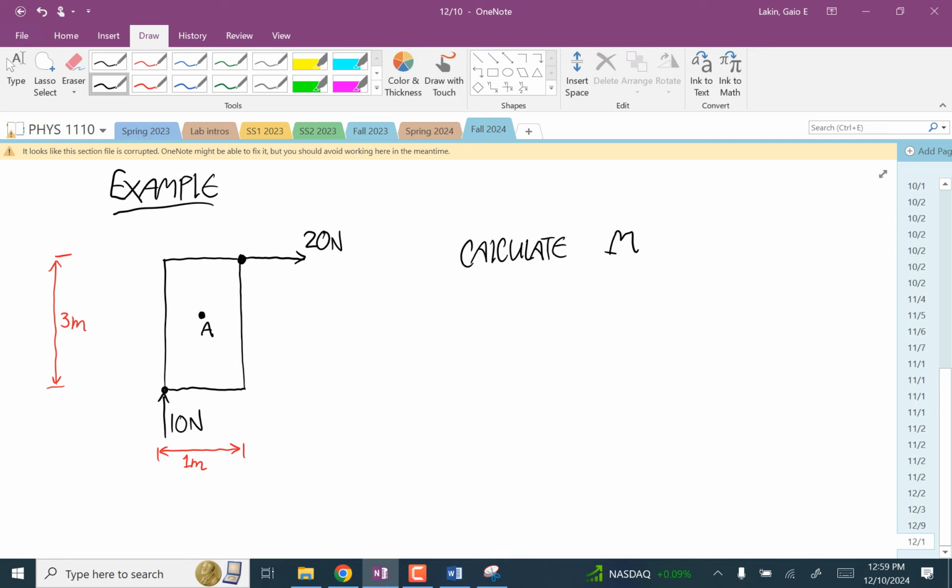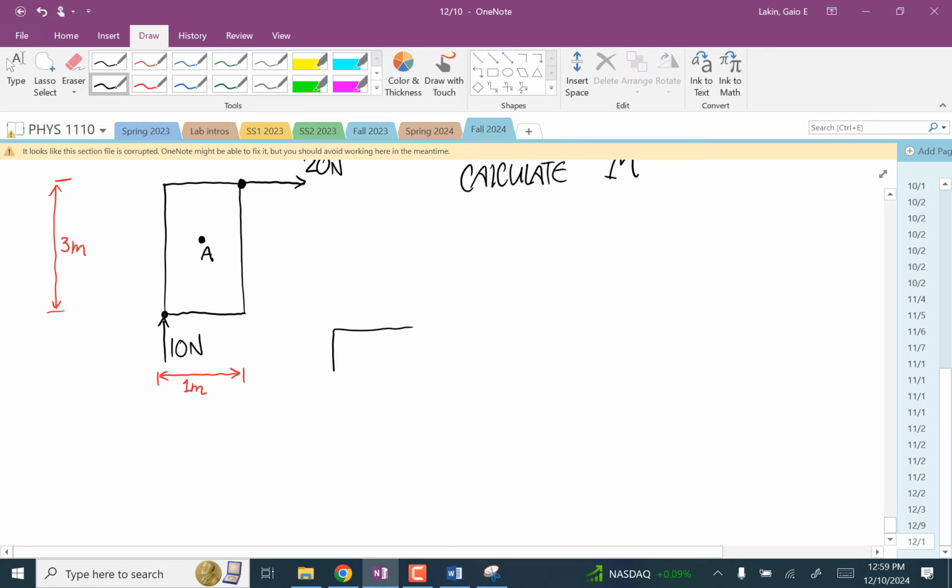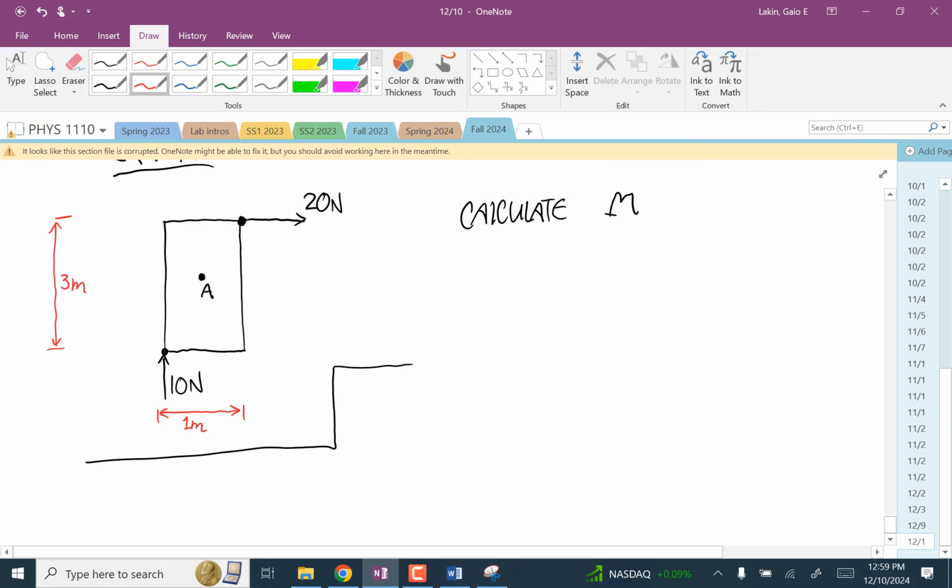Okay, let's start with the 10. Right now, if you draw the line from A to where that's applied, that's not perpendicular to the force. So we're going to have to move this 10 Newton force along its line of action. And its line of action looks like this.